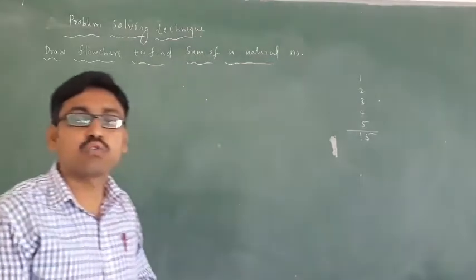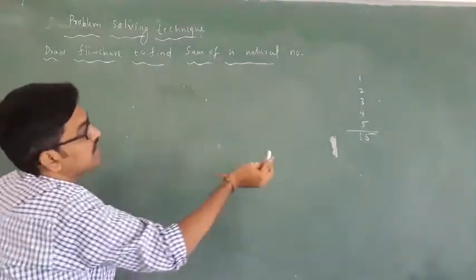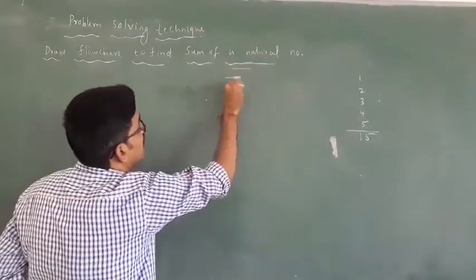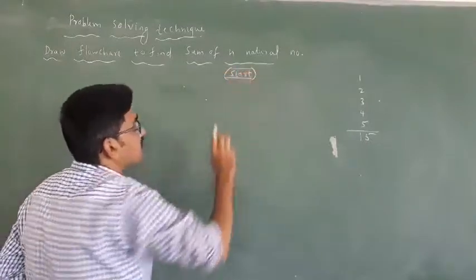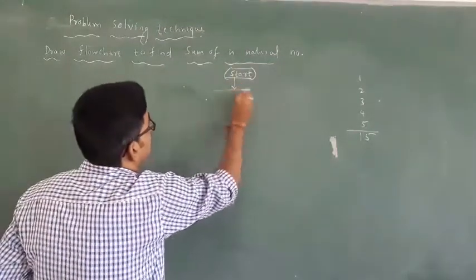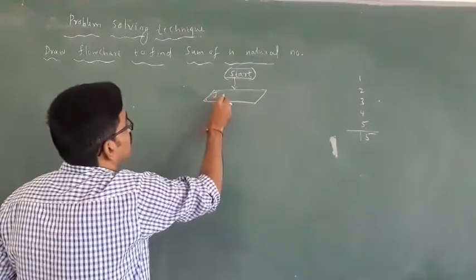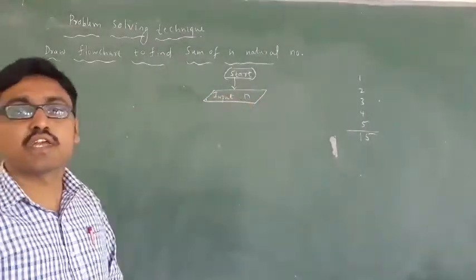Got it? Then how to solve this problem? See, the problem always starts with the flow chart. For example, an oval: start. Then the input. The input is n, you can take any number. The input is n.